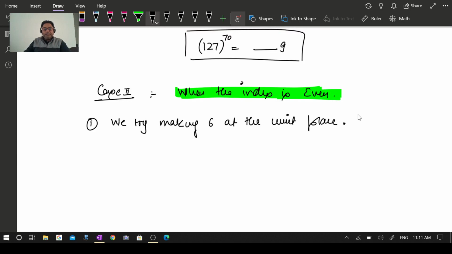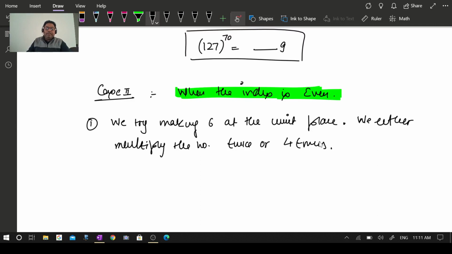And for this we multiply the number either 2 times or 4 times. Again, that's very simple, either 2 times or 4 times. Nothing more than that. Clear?